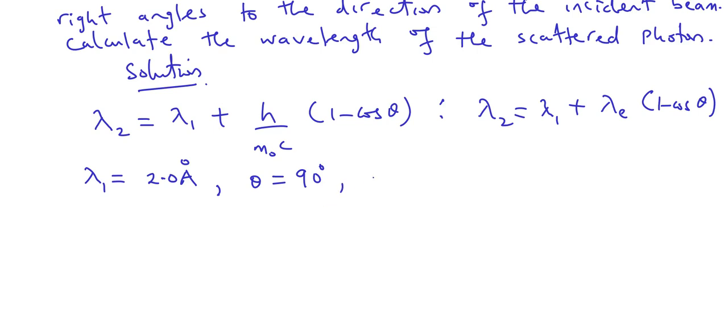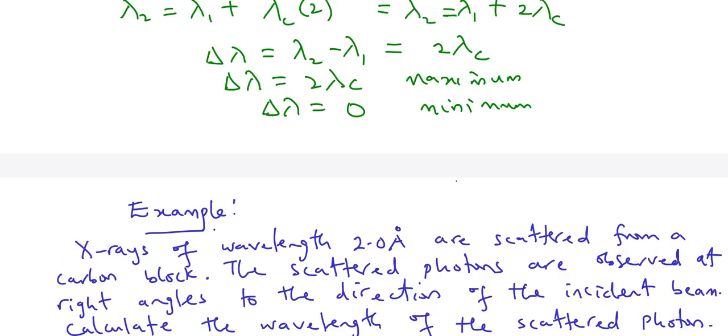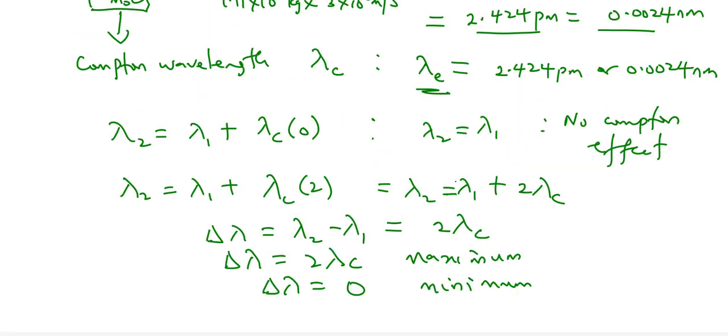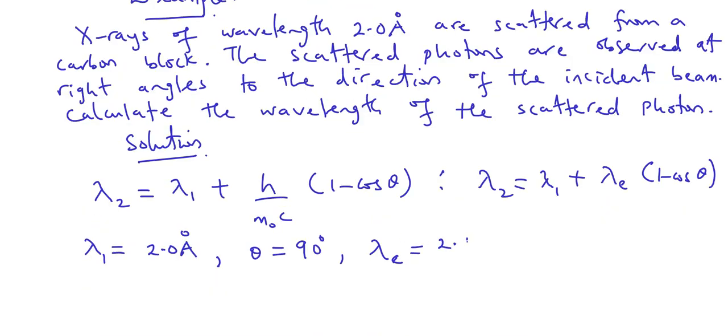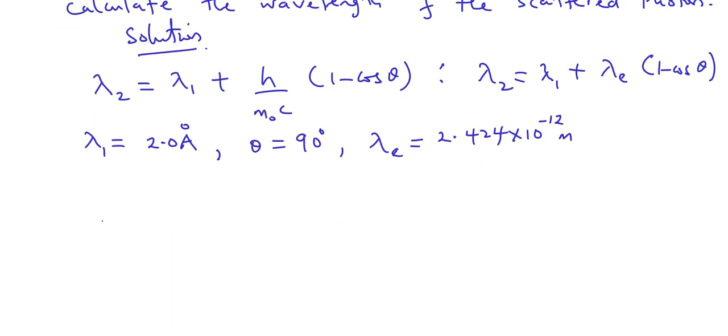So our lambda c, or lambda e, is 2.424 times 10 raised to the power minus 12 meters. In this case, lambda 2 equals lambda 1, which is 2.0 angstrom.